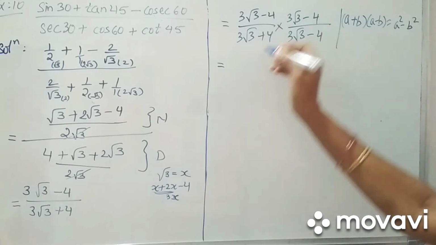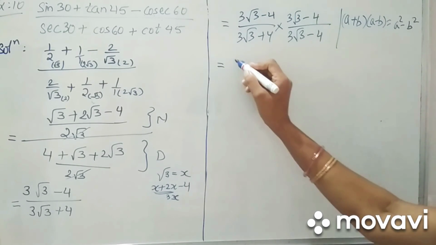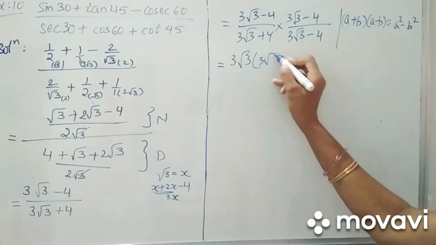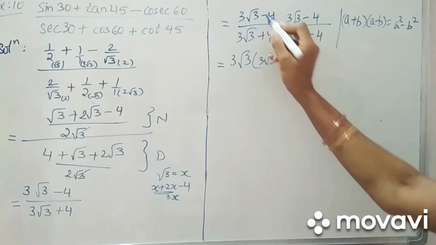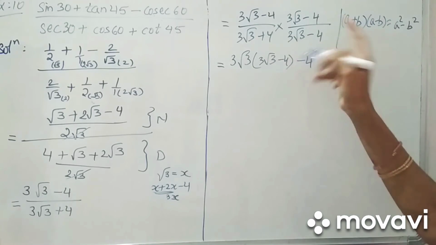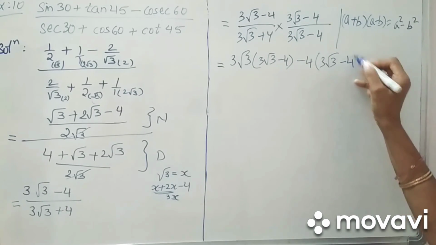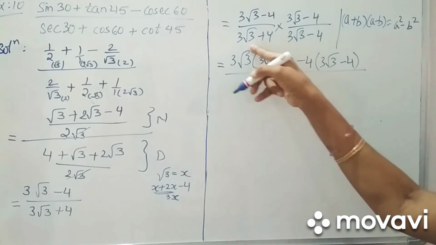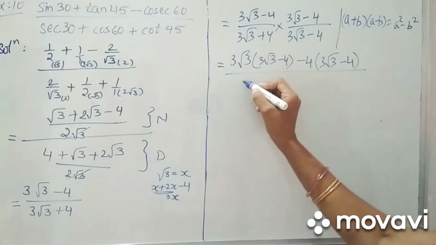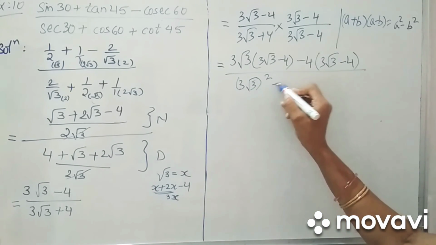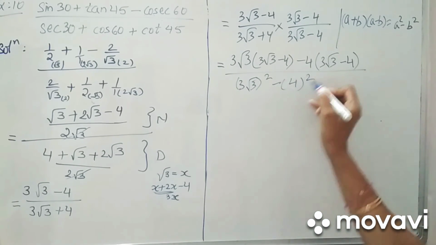Now, multiplying. 3 root 3 is multiplied by 3 root 3 minus 4, as well as minus 4, in expansion form, upon 3 root 3 whole square minus 4 square.